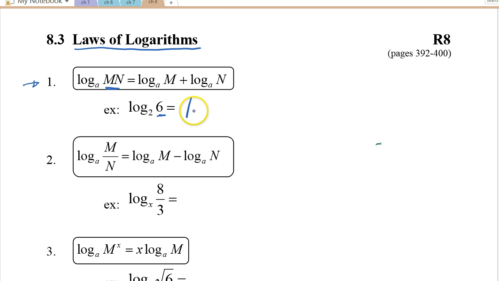Sure, I could break this up and say that's the same thing as log base 2 of 3 plus log base 2 of 2. So here's an example of that.